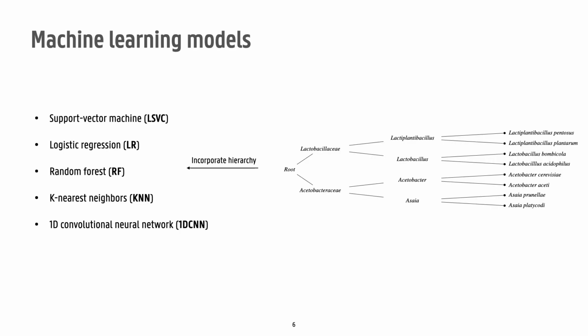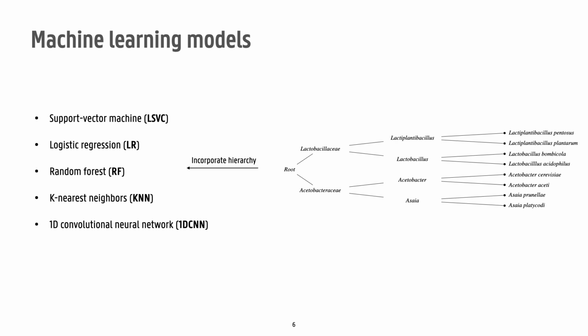In general, bacterial identification can be translated to a multi-class classification problem where the goal is to assign the correct class, that is, taxonomic labels such as strain, species, genus, or family, to a given spectrum. Bearing in mind the availability of taxonomic information, the corresponding classification problem can be solved by using flat or hierarchical classification models. With the flat classification model, one typically denotes a model that ignores hierarchical information.